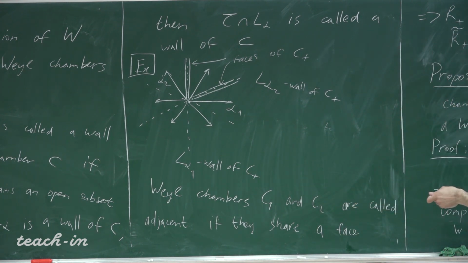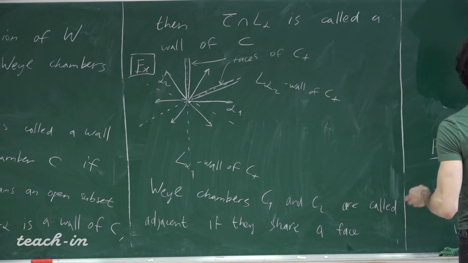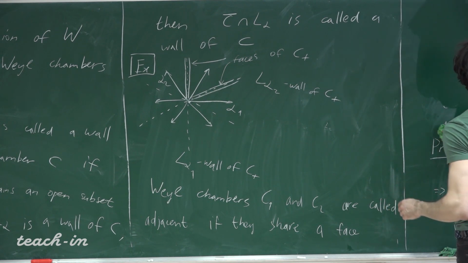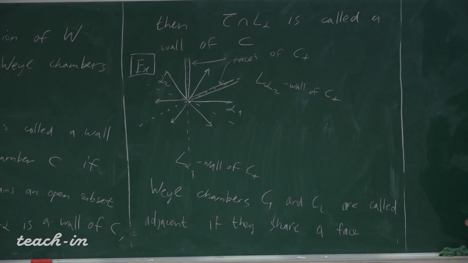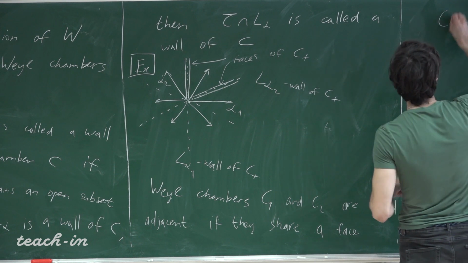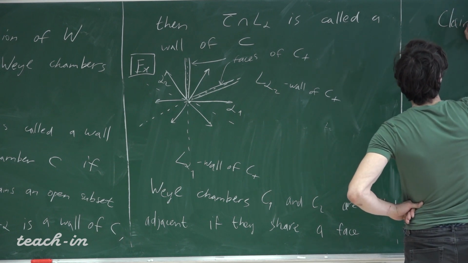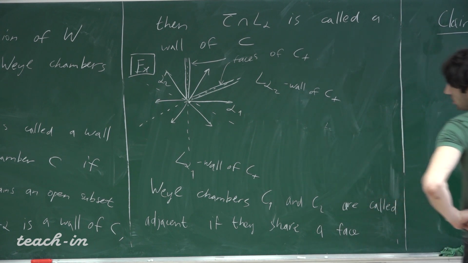Okay, the next observation that I will need is that if I have two different Weyl chambers, I have a sequence of adjacent Weyl chambers connecting them, in a sense. So let me put the exact statement on the board. Claim 1.